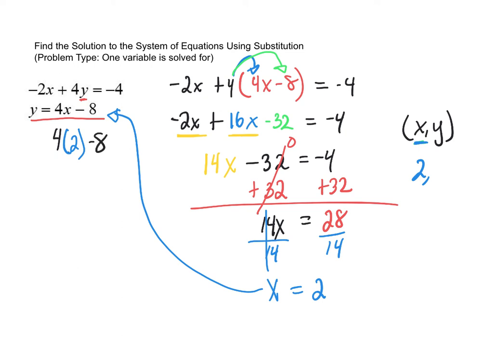So 4 times 2 is 8, and then 8 minus 8 is 0. So y is equal to 0. So that means that my ordered pair answer to this question is 2, 0.